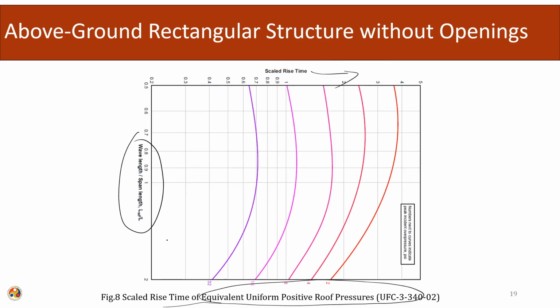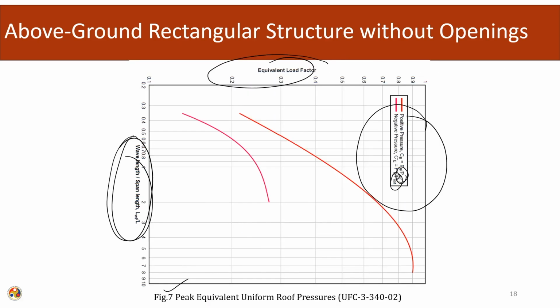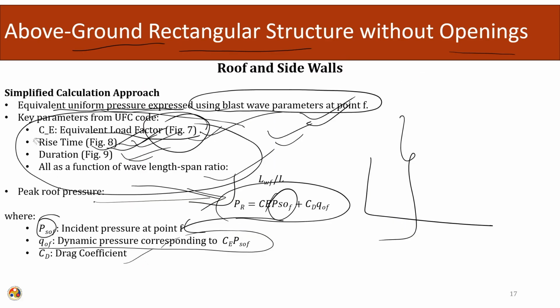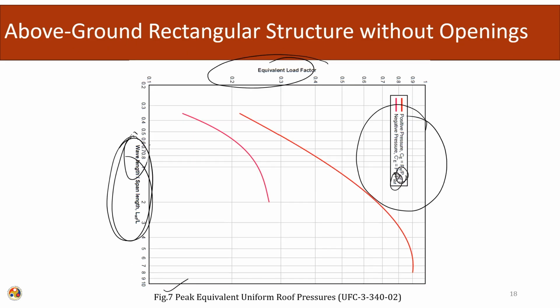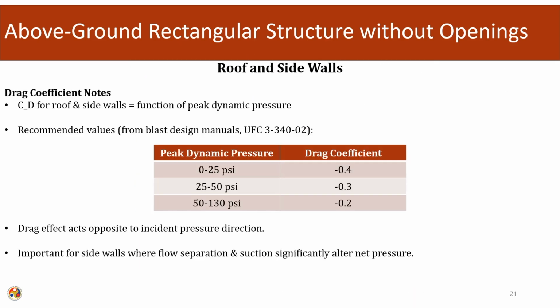Subsequently, we can calculate all the functions, and these are all a function of the wavelength to span ratio. All the functions can be calculated easily using the curves, figure 7, figure 8 and figure 9. Again continuing the treatment.